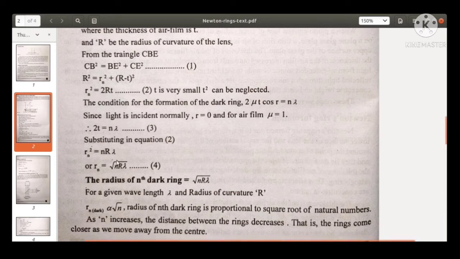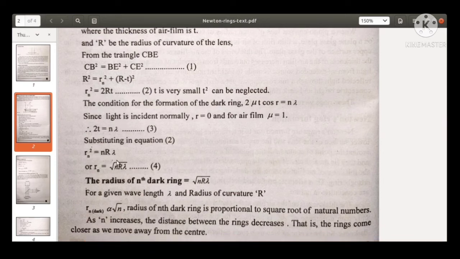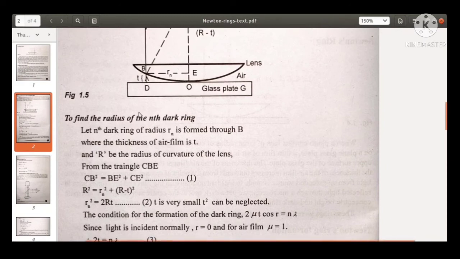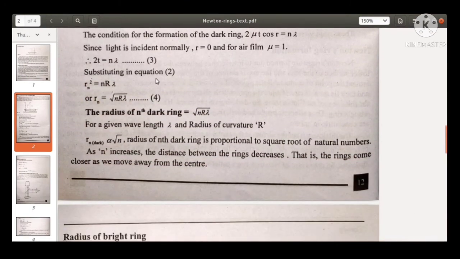So the radius of the nth dark ring is nothing but the square root of nR into lambda. Here Rn is nothing but the distance from the central point to this dark ring. This is circular in nature, so this Rn is actually the radius of the dark ring.